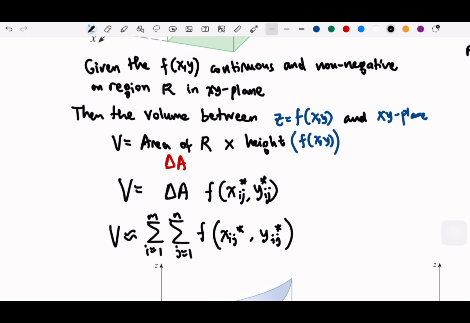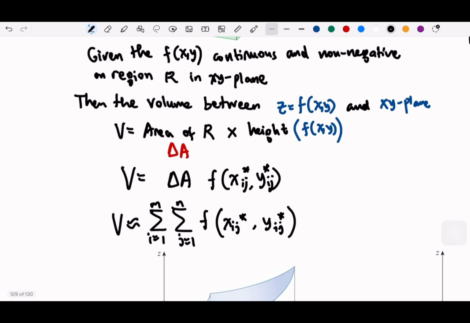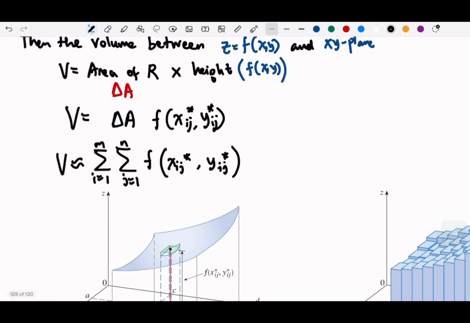This double sum means for each sub-rectangle, the small pieces we take, we evaluate f at the point and multiply by the area of the sub-rectangle, and then we add the results. So this is what it means.